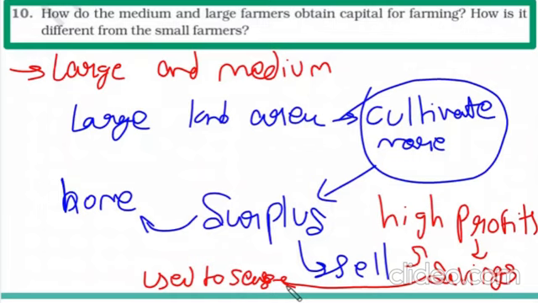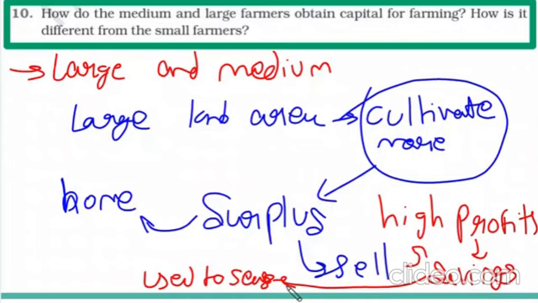So what's happening here? Large and medium farmers have large farm areas, from where the yield is more than that of small farmers, and they are usually left with surplus yield which is then sold in the markets and profits are made. Now what do they do with these profits? They either save them, or they give loans to the small farmers at high interest, right? And for the next season it becomes the capital.